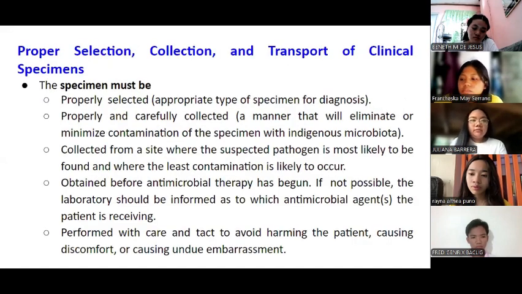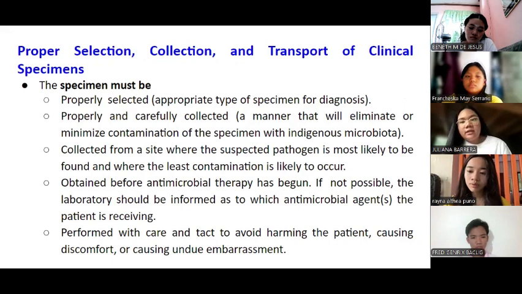So for proper selection, collection, and transport of clinical specimens, the specimen must be properly selected. So the appropriate type of specimen should be used for the diagnosis. Next, properly and carefully collected in a manner that will eliminate or minimize contamination of the specimen with indigenous microbiota.